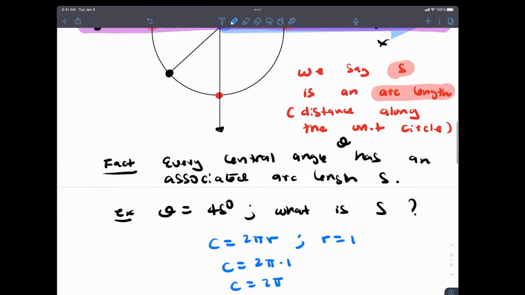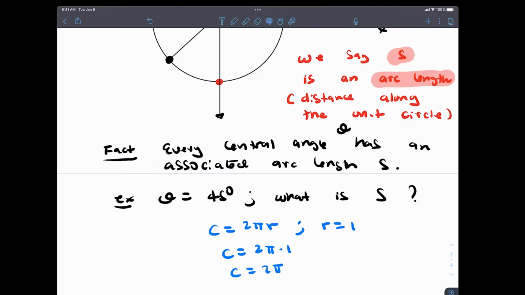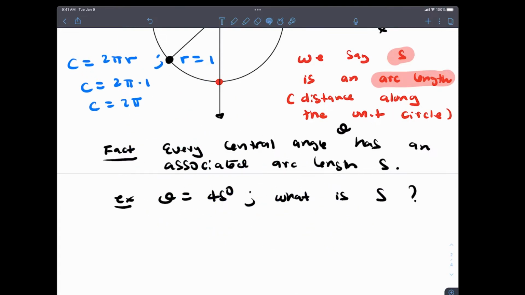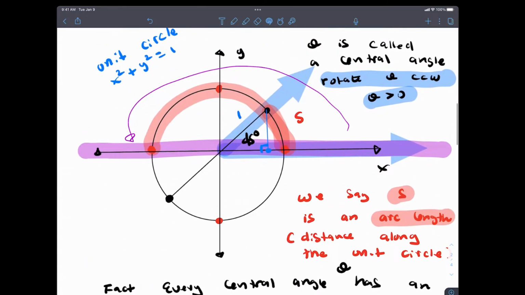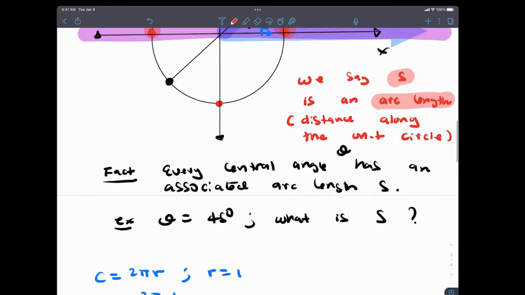I'm doing the scratch work here. What I'm saying in red is not a full circle in terms of distance. Radius is 1. That's half a circle. What's half of 2 pi? That distance is pi, because the radius is 1. Okay, you guys okay with that?